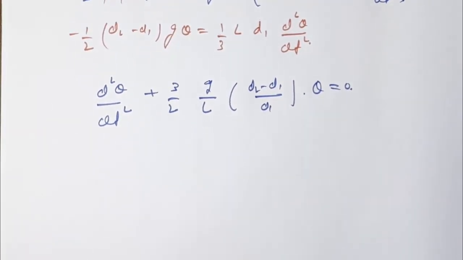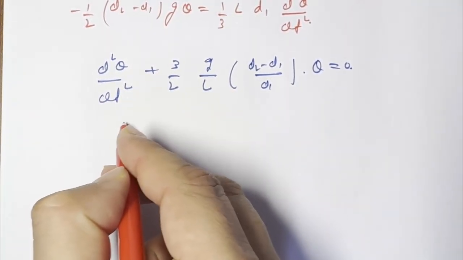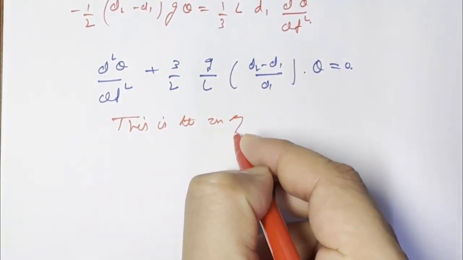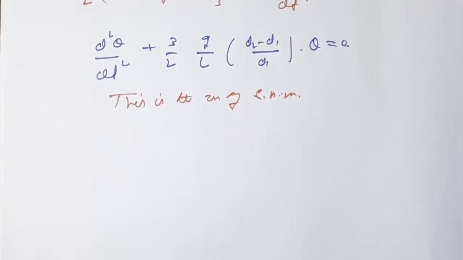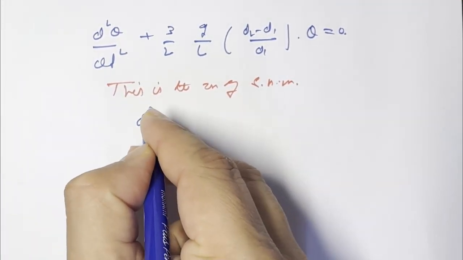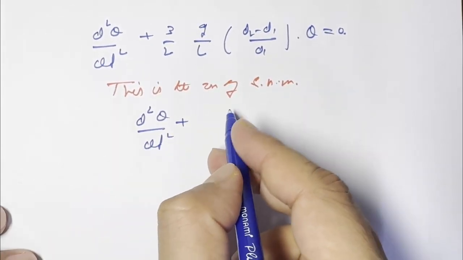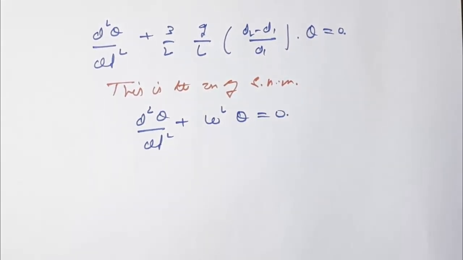And this is nothing but the standard equation for SHM. We can make a comparison with the standard equation, that is the double derivative of theta plus omega square theta is equal to 0.